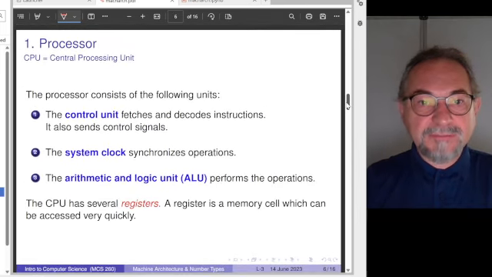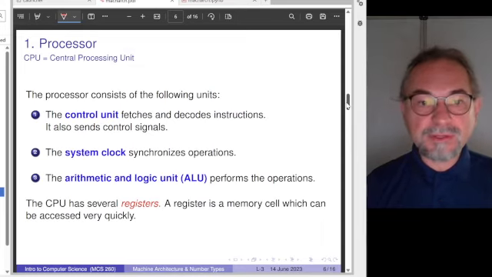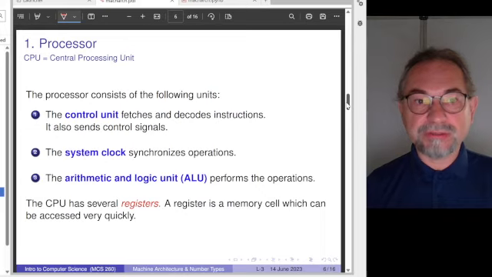All right, let's go back to the components. The processor executes instructions and also controls the execution. It has a control unit, an arithmetic unit, and the system clock also belongs to the processor. These are the three main parts of the central processor.